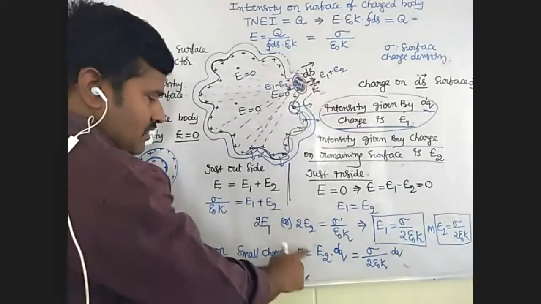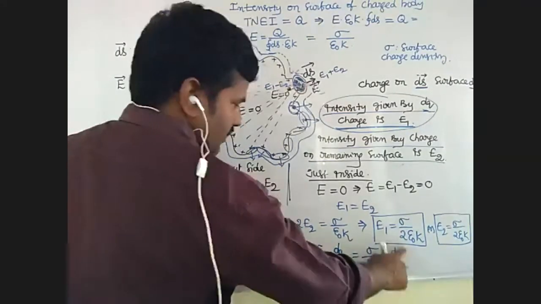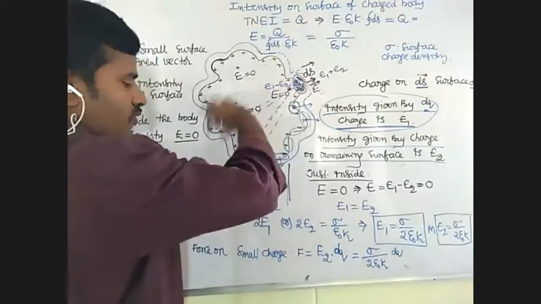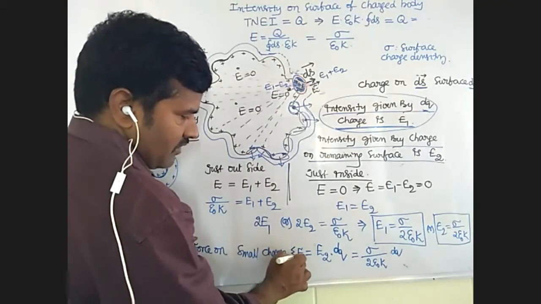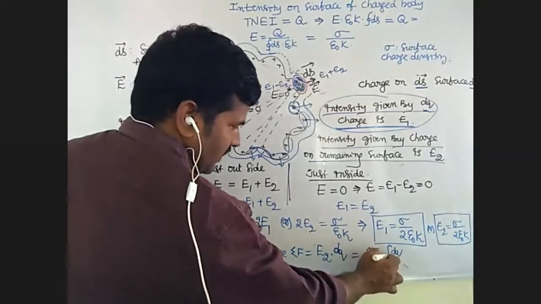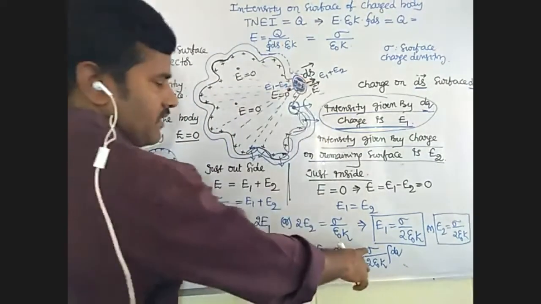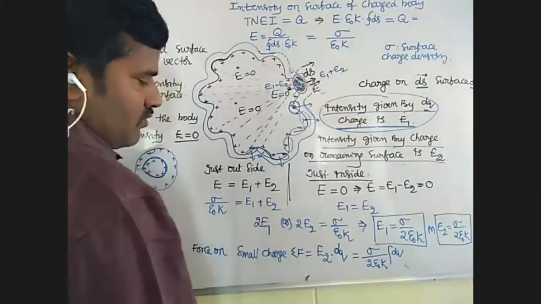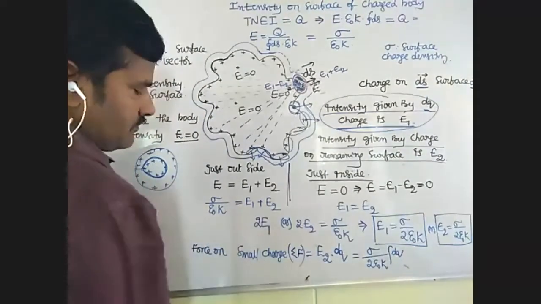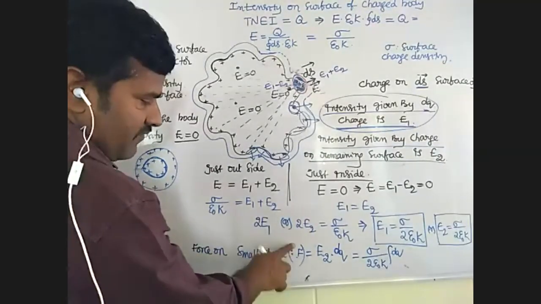Due to this, force equals sigma upon 2 epsilon naught k into dq. Then the total force on the body, sigma F, we find using integration over the total charge. Force on a small charge is F equals E2 into dq.